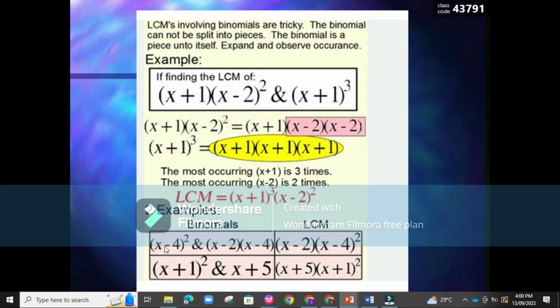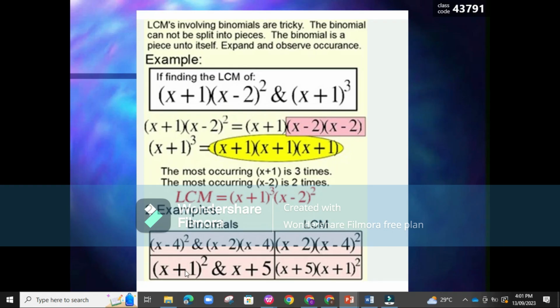Another example: if x minus 4 quantity squared and x minus 2 times x minus 4, the LCM would be, okay, this is the non-common factor. You write first x minus 2, and x minus 4 is common to this one, but the highest occurrence is 2. So you will have x minus 4 raised to the power of 2.